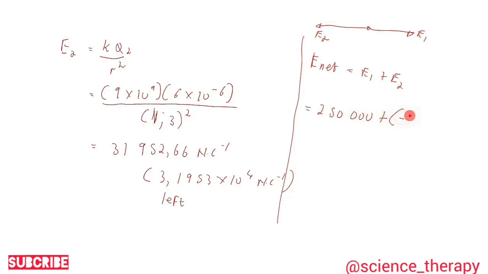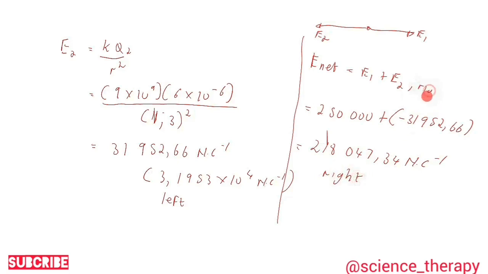So it's negative 31,952.66, and then having to punch that in a calculator, you have 218,047.34 newton per coulomb.